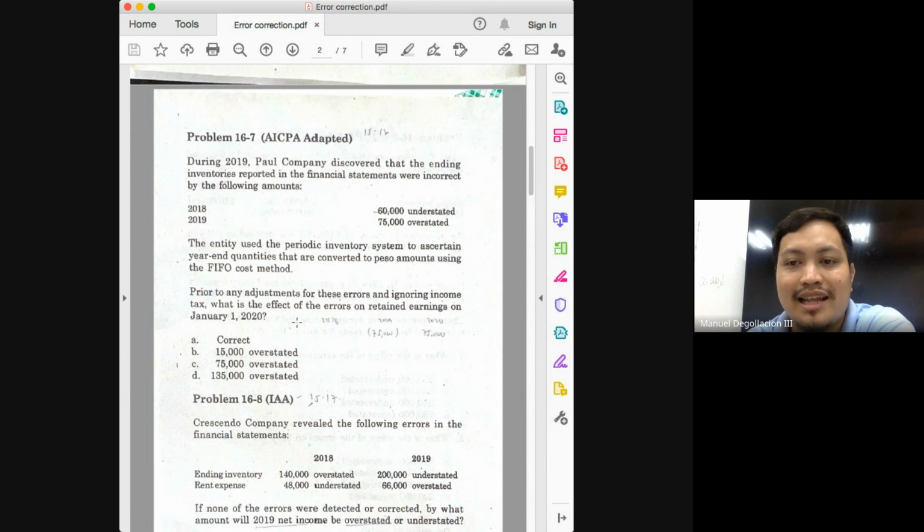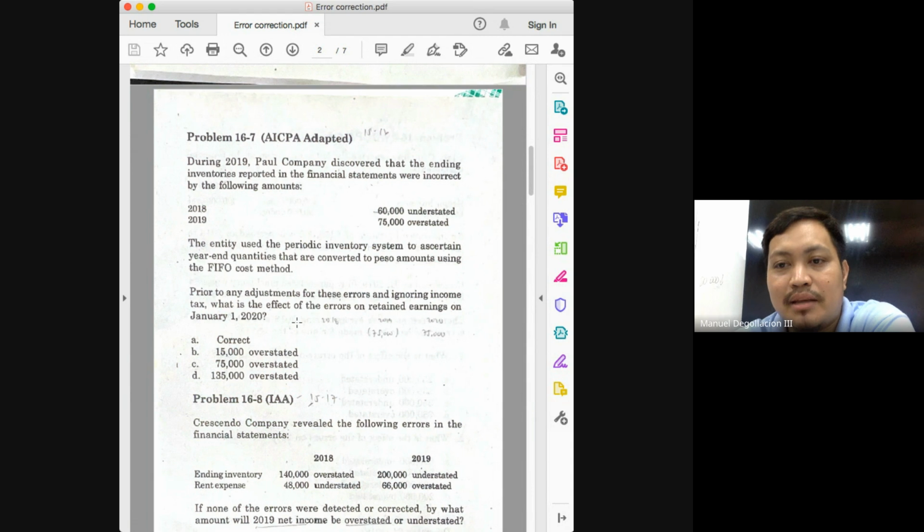Let's proceed to 2019. How many errors will we have in 2019? We will have two, class, not just the 75, but also the 60. Because again, the ending inventory in 2018 will be the beginning inventory in 2019. Again, this is one of the things that students would forget. They will only focus on 2019 without realizing that the ending inventory in 2018 has an impact on the cost of goods sold computation for 2019.